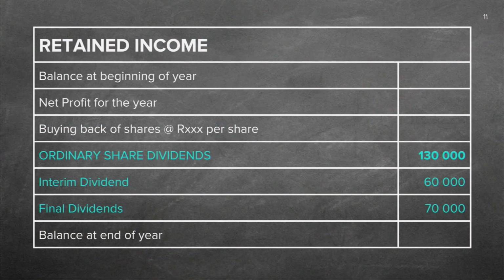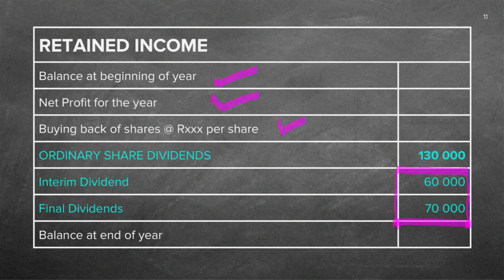So standard format, balance at the beginning of the year, net profit for the year, buying back of shares at whatever Rand per share. And now we show the dividends that will be paid from the retained income. Again, what you might like to do is put a little box around those two amounts.